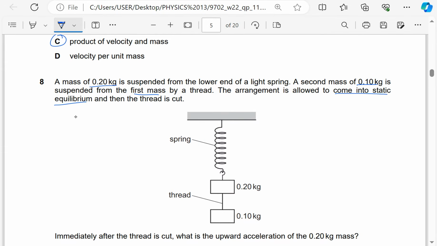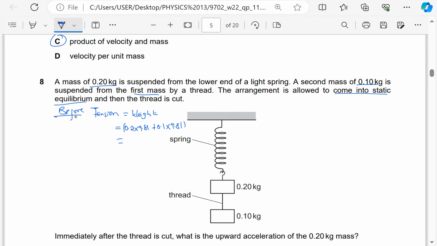So in static equilibrium, let it be before. The resultant force or the tension is going to be equal to the weight downwards, which is going to be equal to m times g, or the sum of the two masses times g. So it will be 0.2 times 9.81 plus 0.1 times 9.81.